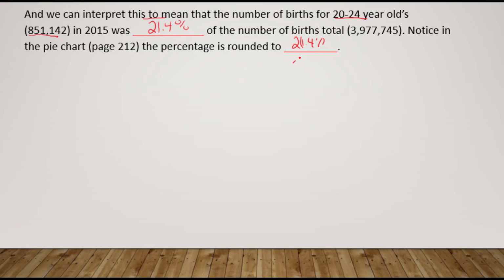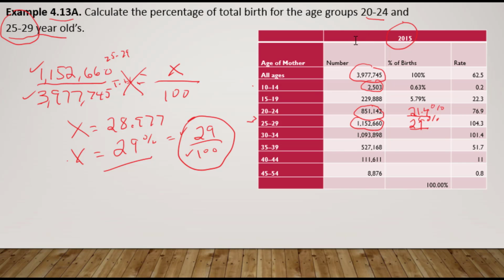Some pie charts might round it to 21%. And look in the book, and you can see why in this case it's probably more accurate to round it to 21%. Because if you don't round it to 21%, to the nearest tenth, for example, then it's possible that this here might show 0%, which is misleading.